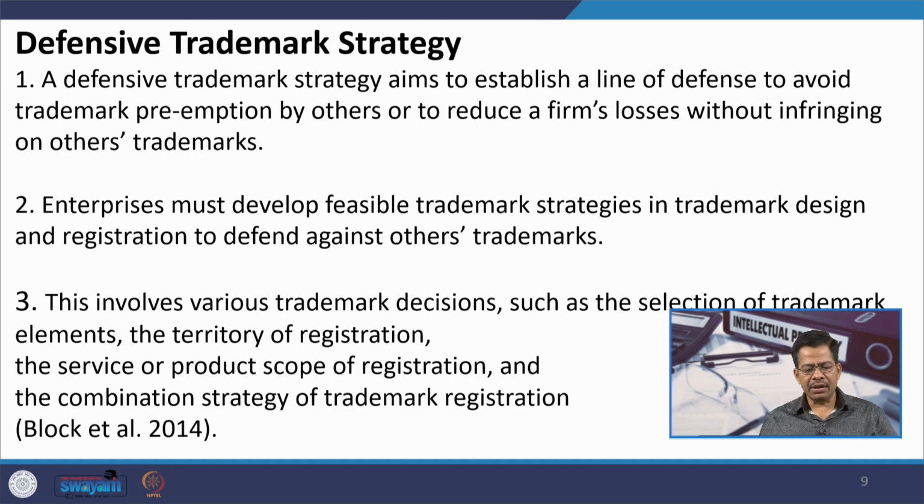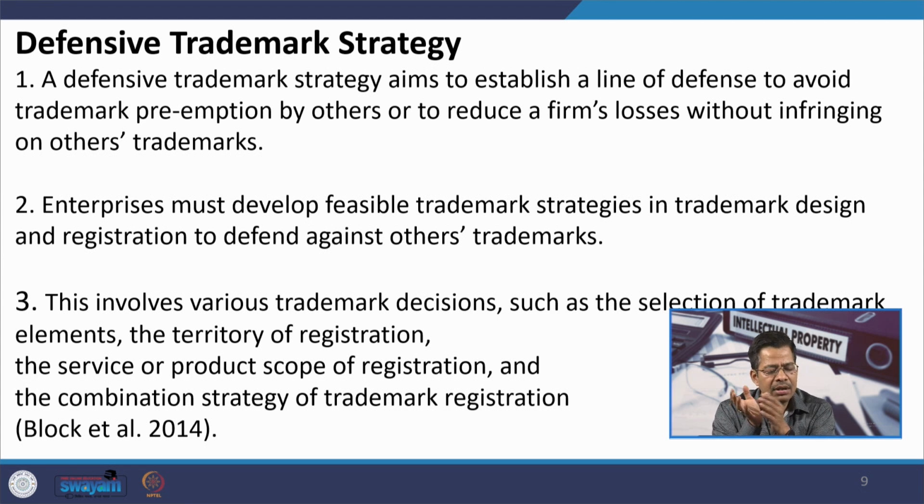Then comes another trademark strategy, that is the defensive trademark strategy. As the name says, defensive trademark strategy means we are protecting ourselves with the trademark. Our business is working either on some other types of IP, or we do not have any uniqueness in our work, but we want some protection so that others do not copy us, or we are able to maintain some kind of identity for ourselves.